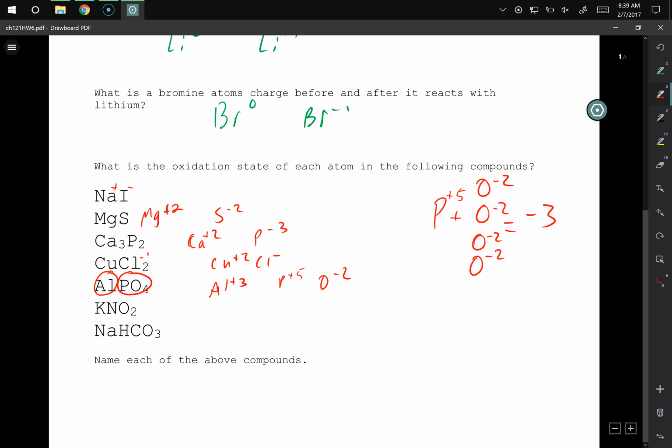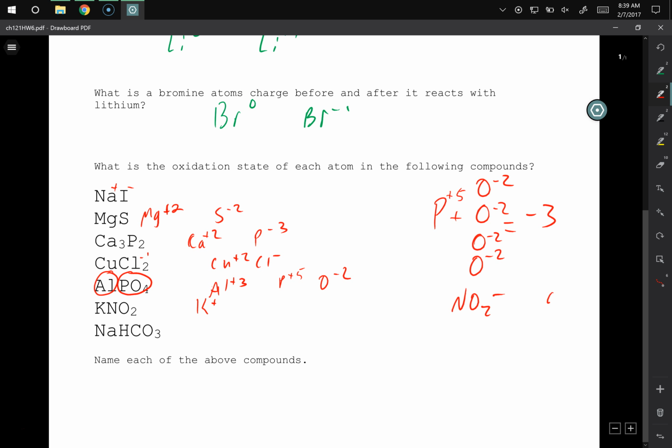The potassium. +1 because it's in column 1. And then what's the polyatomic ion that the potassium is attached to? Nitrite. Okay, so the nitrite is NO2 with a minus charge on it. So that verifies that the plus charge on the potassium is correct because I know that the nitrite's charge is a minus.